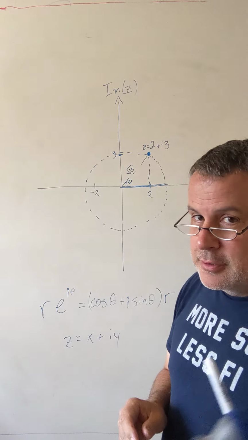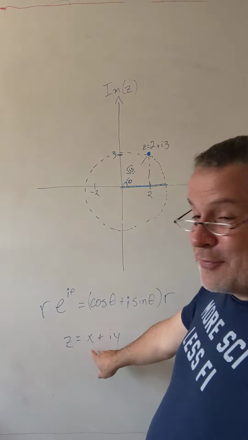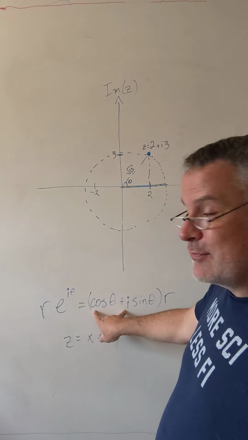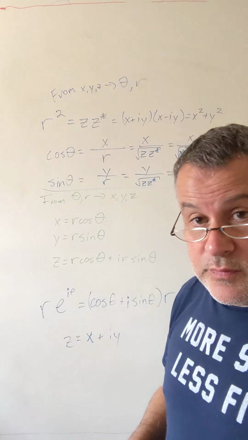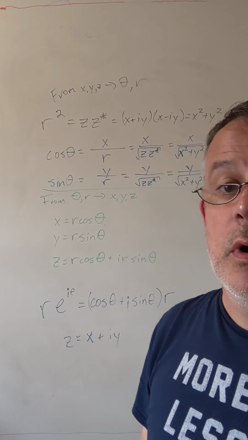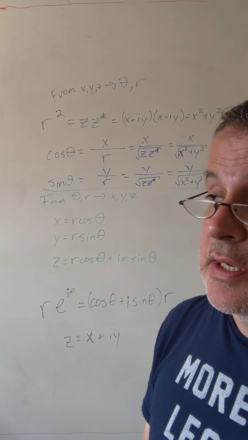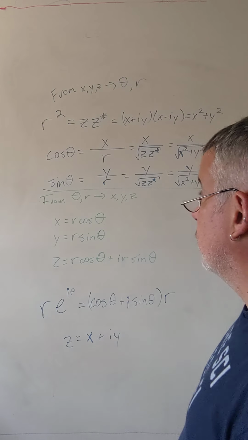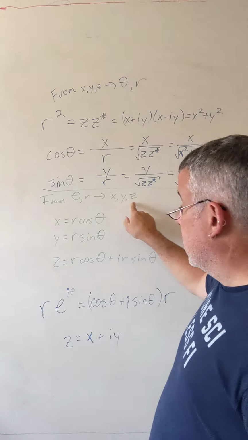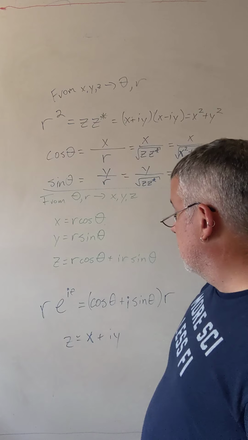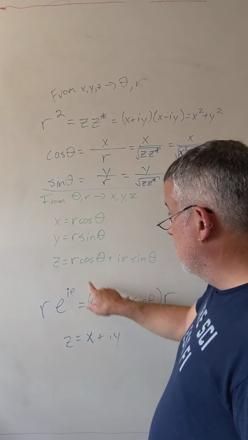Now, trig, real trig. How do we get from this form to this form? Okay, with a little blackboard magic, we jumped over to the formulas for both the forwards and backwards directions, going from r theta to x y z and x y z to r theta. Let's go through those. So the more obvious one is to go from theta and r to x y, which from this little formula down here, we just take the real part of this side, which is r cosine theta, and that's x.